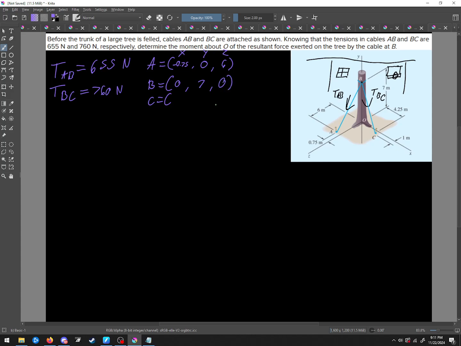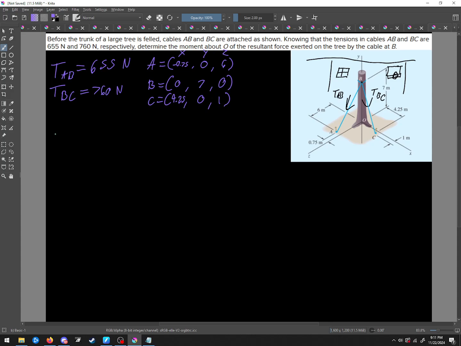Okay, it's just straight above the origin. And then point C, that's going to be 4.25 in the X, 0 in the Y, and 1 in the Z.